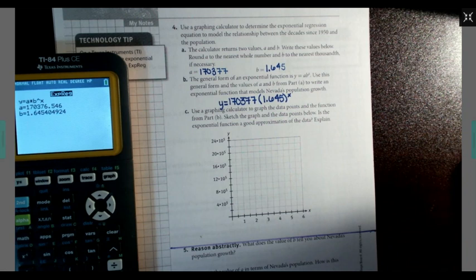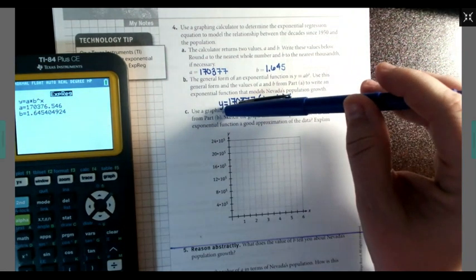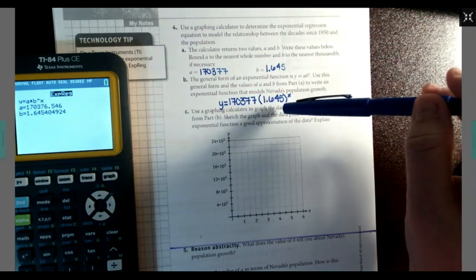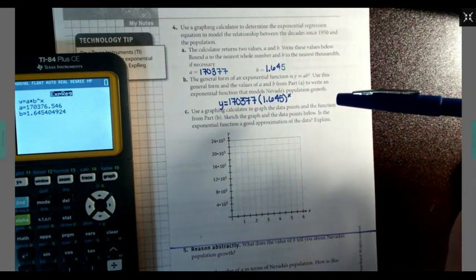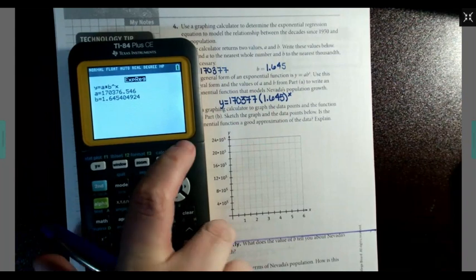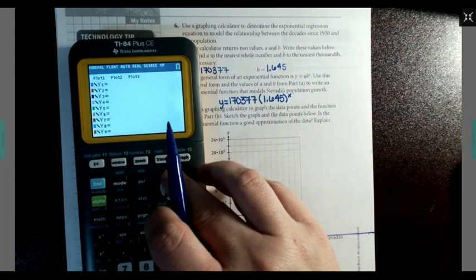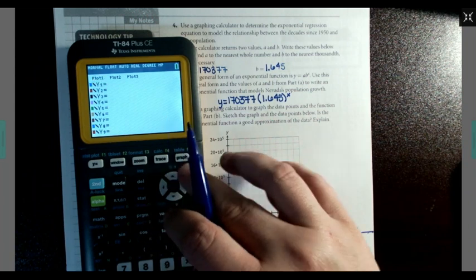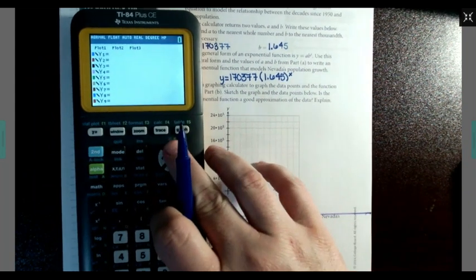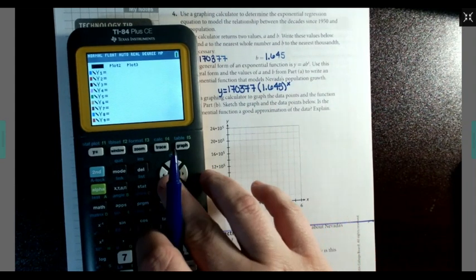Use a graphing calculator to graph the data points and the function from part B. Sketch the graph and the data points below. And is the exponential function a good approximation for your data? And explain. I'm going to talk about how to do this. We're going to go to Y equals. The first thing I want to do is go up to Plot 1. So I press the up arrow, and now I'm going to press the enter key.